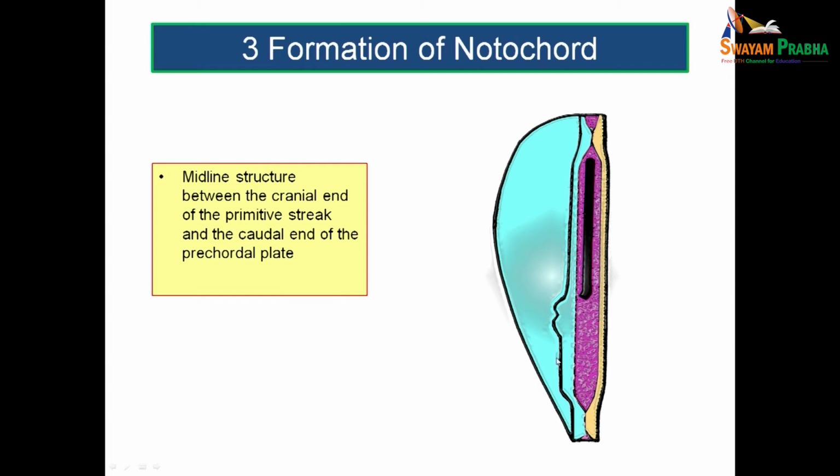This is the primitive streak, right? This is the cephalic end of the primitive streak. This is the precaudal plate, and this is its caudal end. So from the cephalic end of the primitive streak till the caudal end of the precaudal plate, a rod-like extension along the midline in the mesoderm is what is meant by notochord.